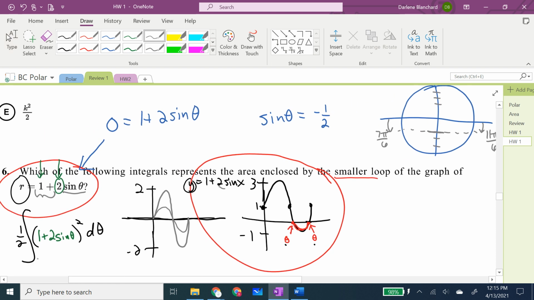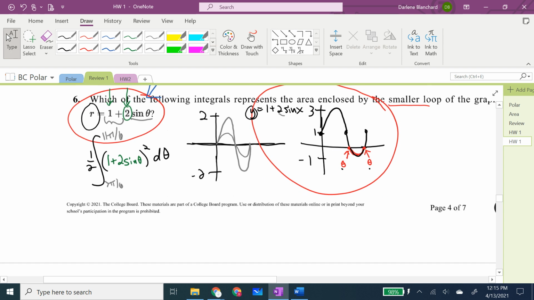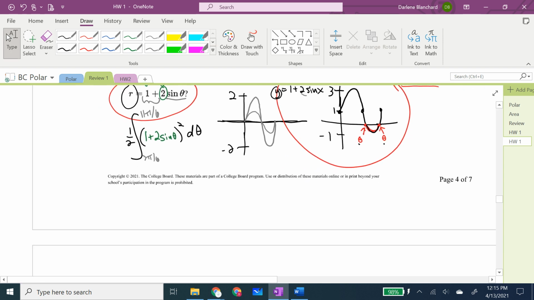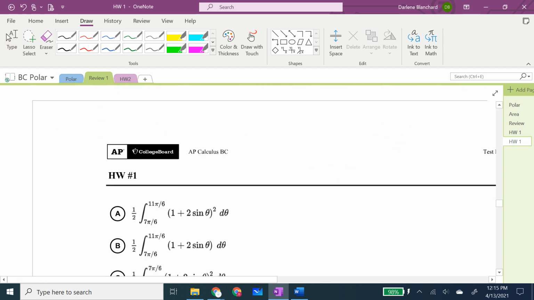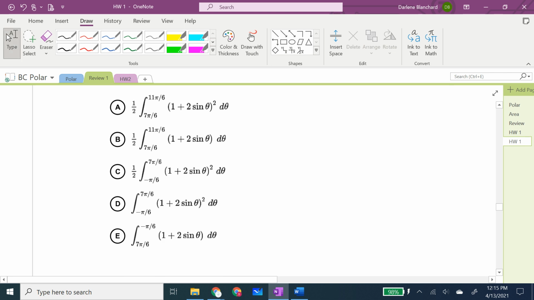So my integral will be correct if I do this, but that might not be the way the answer is given. First thing is, are any of them given in that way? Look at that. Oh, not that one.